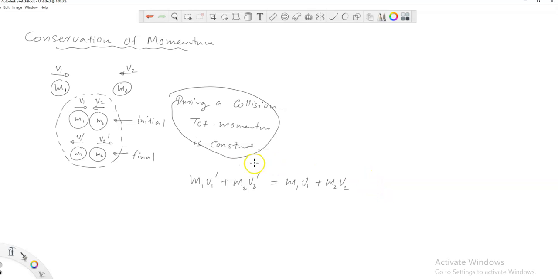These are vectors, so when we add, we have to be careful about the direction, but this is what it says: P final equals P initial. That is momentum conservation during a collision. So let's look into a couple of examples.